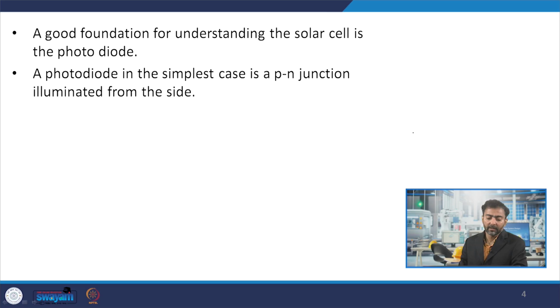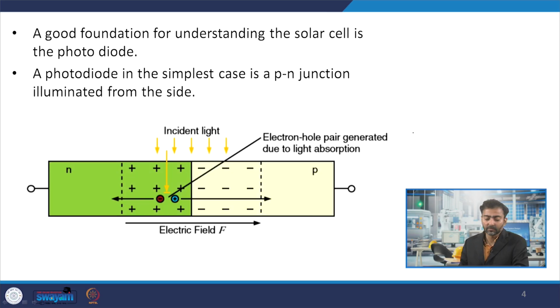A photodiode, in the simplest case, is a p-n junction illuminated from the side. So this is what the photodiode looks like, just the same plain simple p-n junction. As we just discussed, your p type is relatively negatively charged and n type is relatively positively charged.